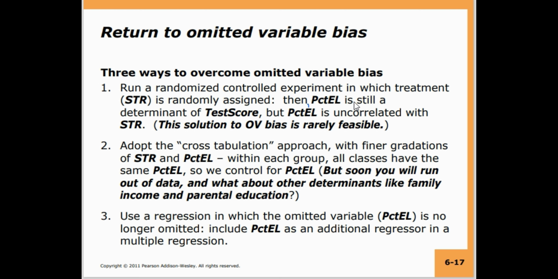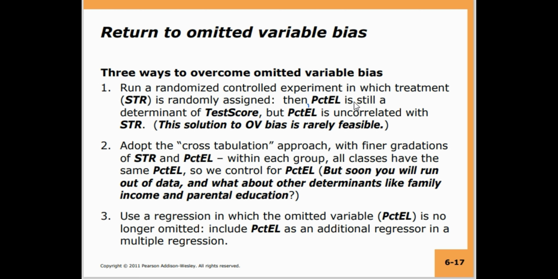Another way of overcoming omitted variable bias is by using the cross tabulation approach with finer gradations of STR and percentage English within each group. This is what we looked at, from very small levels of percentage English learners to large levels of percentage English learners.